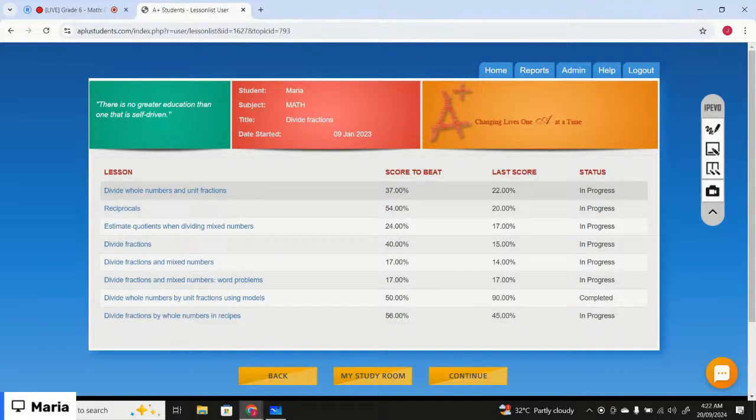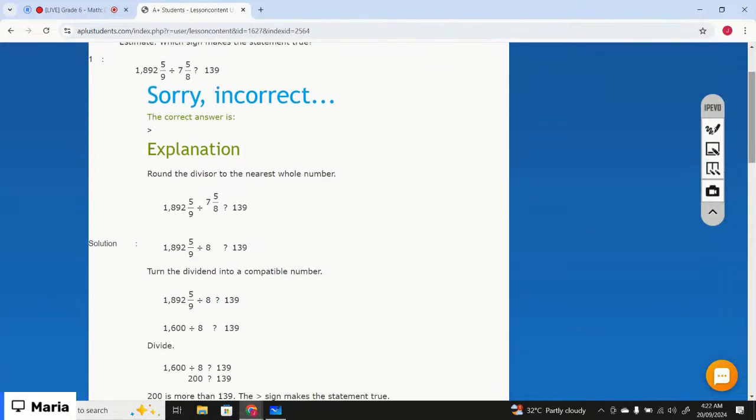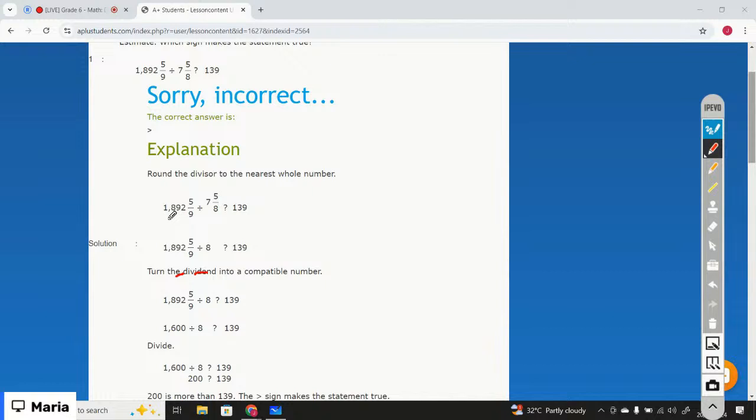The next lesson is estimate quotients when dividing mixed numbers. Estimate: so you have 1,892 whole 5 by 9 divided by 7 whole 5 by 8, right?